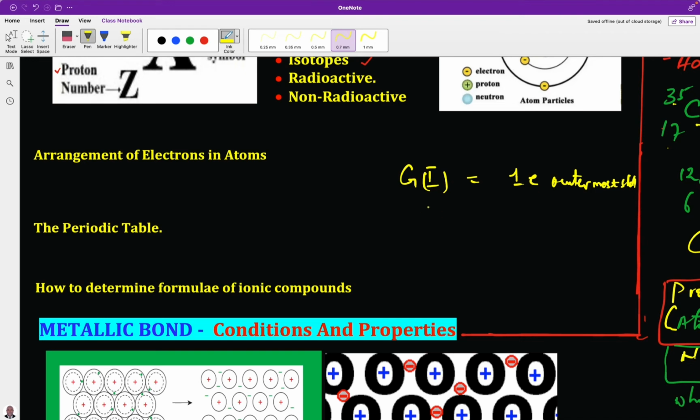Group 2 elements will have 2 electrons in the outermost shell. Group 3 elements will have 3 electrons in the outermost shell.